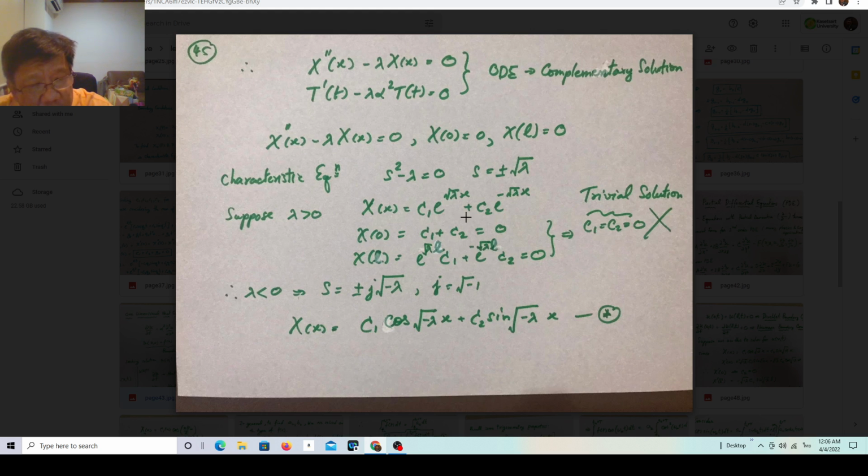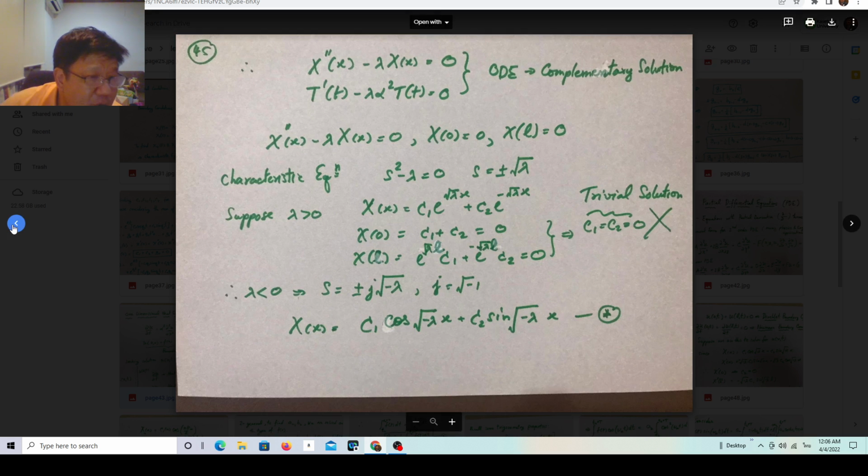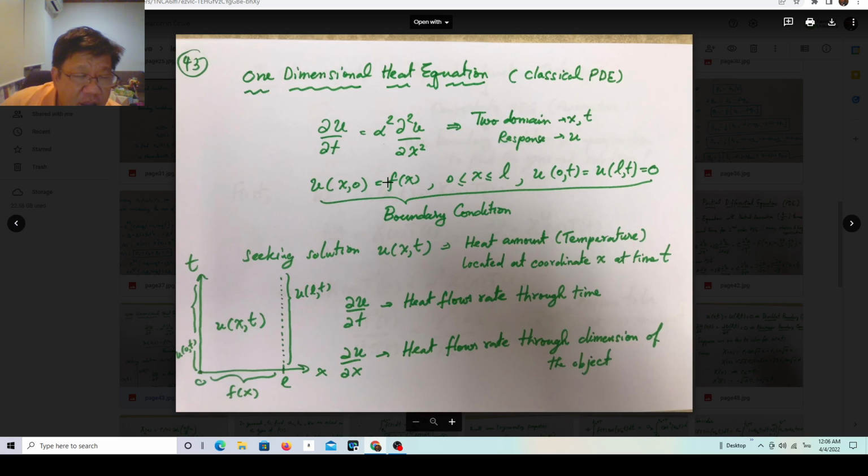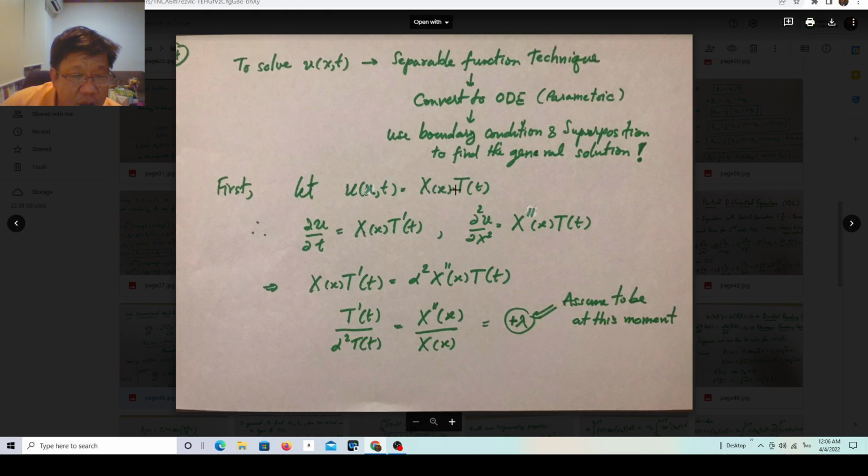But if c sub 1 and c sub 2 are equal to 0, it's meaningless, because it means that X of x is equal to 0 for all x. So that becomes what we call a trivial solution. It's a solution that you don't need to find. It's obvious. For example, if you go back to the equation, if I set u as the zero function, you can see there is a multiplication.